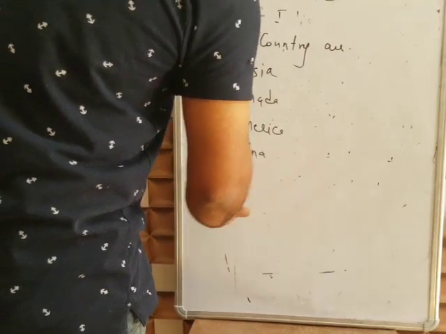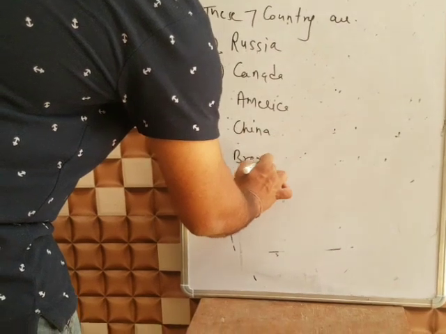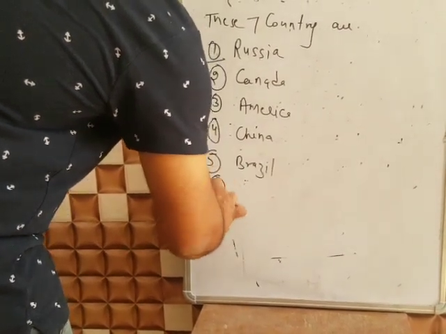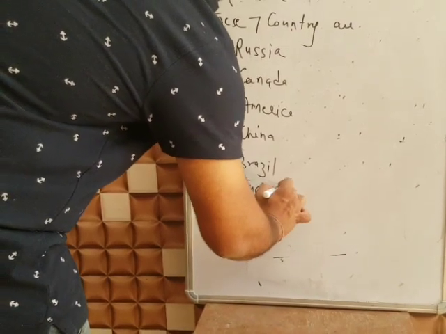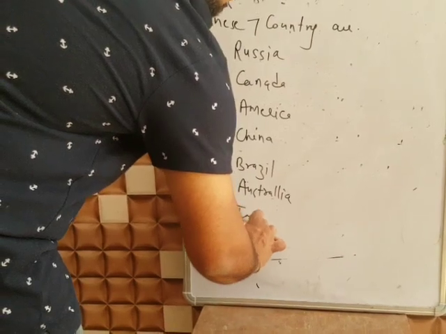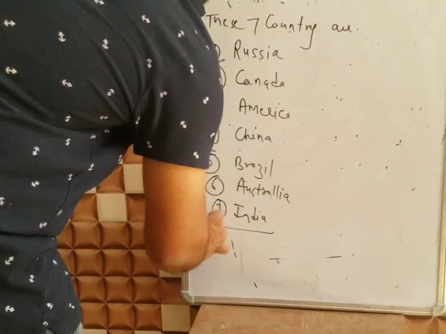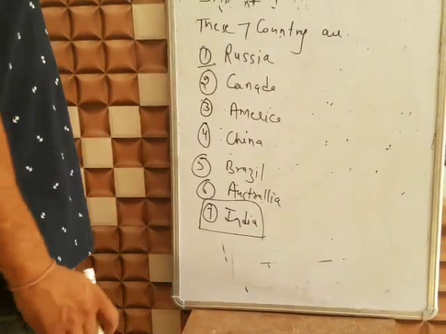At fifth we have Brazil, at sixth we have Australia, and at the seventh position, India. India is the seventh largest country in terms of area.